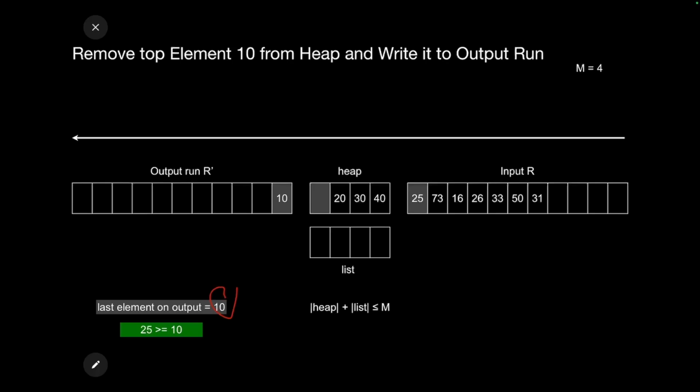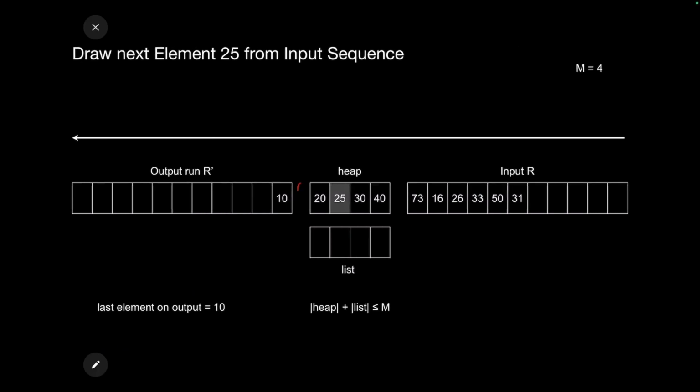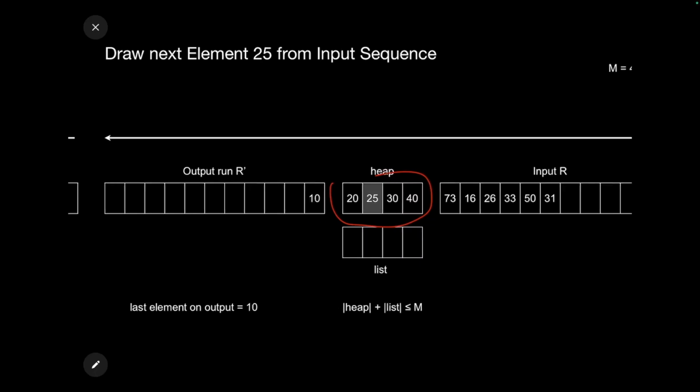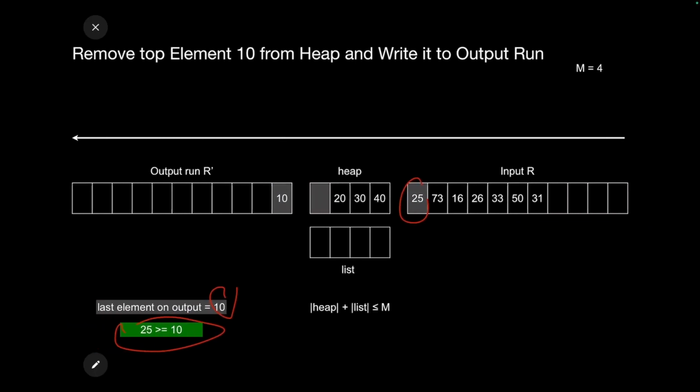Now it pulls the next element from the input, and it finds out, oh yeah, 25 is greater than 10. That is fantastic, so we add it to the heap. This element is now sent to the heap, so the heap still has 4 elements. I can put it to the heap because I know so far I haven't output anything bigger than this element, which is bigger than the output 10 I sent so far.